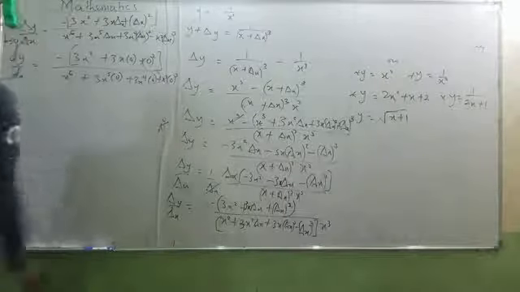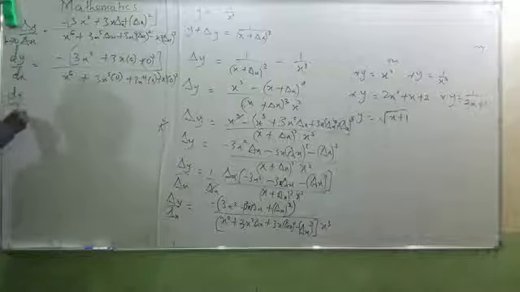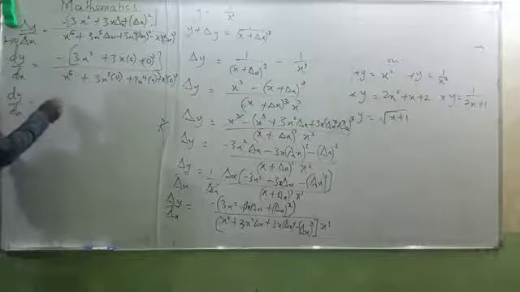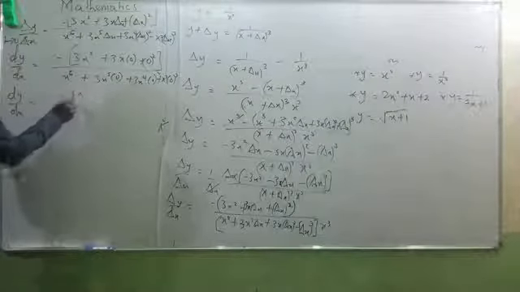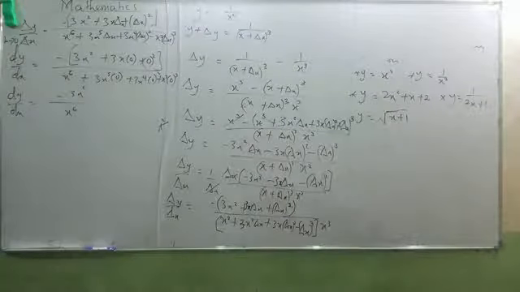Now this is squared. Now that means I'll be having dy/dx equals minus 3 squared divided by x raised to power 6. That is what I will be having there.